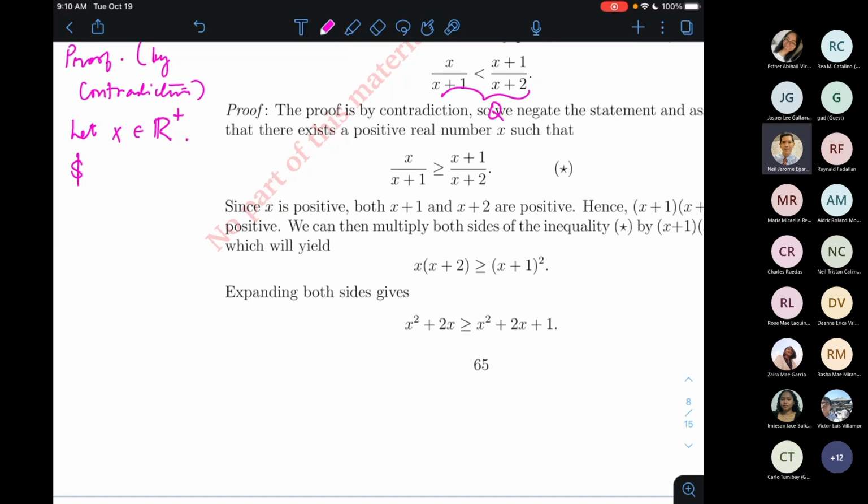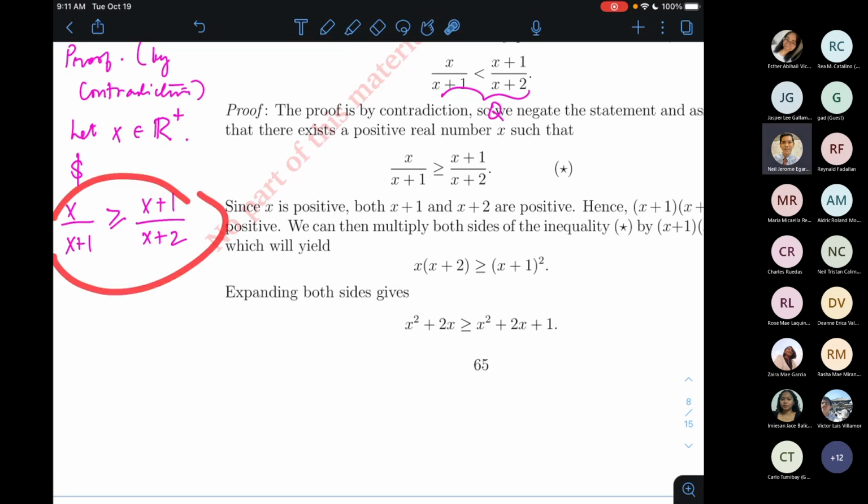So suppose for the sake of contradiction that x over x plus 1 is greater than or equal to x plus 1 over x plus 2. Okay. And then what I'll try to do here is to use some facts, or to do some valid steps in order to show that there will be something wrong, okay, if we will accept this to be true. Dapat makahanap tayo ng mali, right?